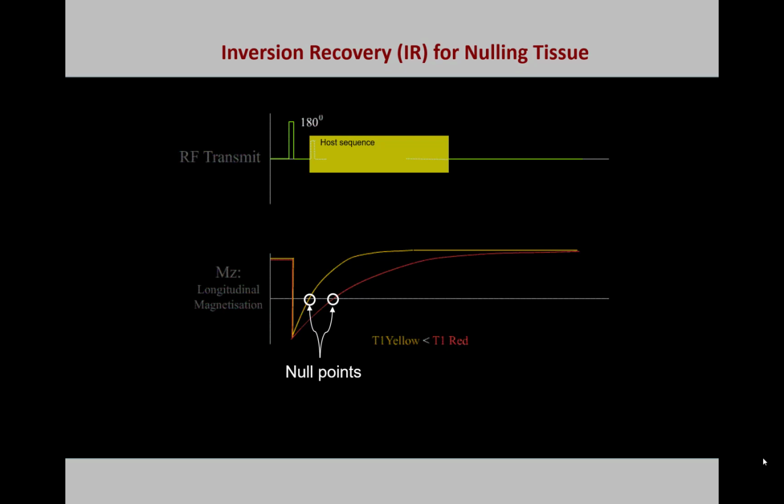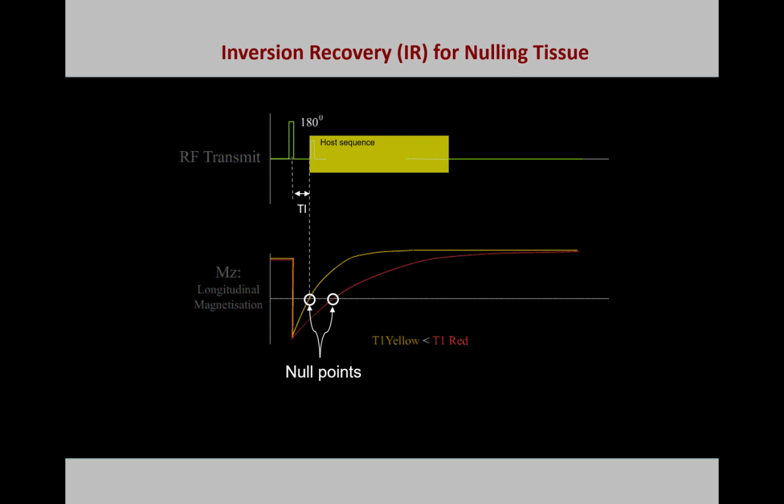So what we do is we start our IR sequence with a 180-degree pulse, and then we delay a certain amount of time, which is called the TI time, and we choose that TI time such that it coincides with the null point of whatever tissue we are trying to null. TI, of course, comes from inversion time, not to be confused with T1, even though they look the same when printed.